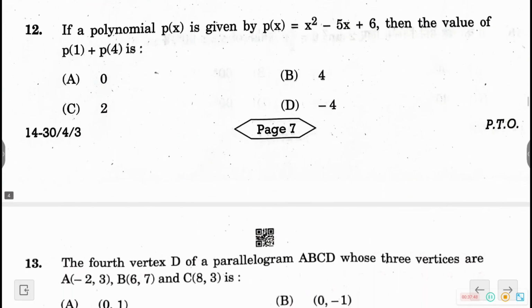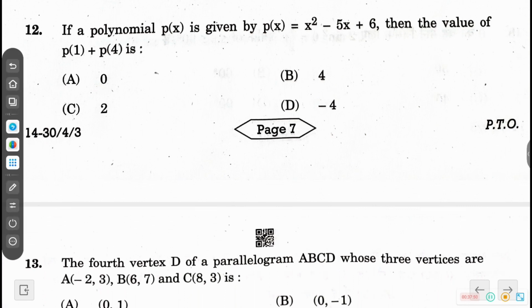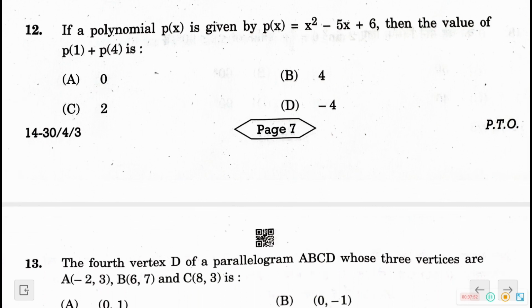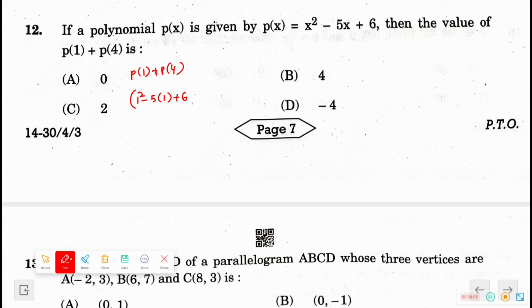Now question number 12. Question number 12 is polynomials. In polynomials, it is a very simple question. We have to find P(1) plus P(4). P(1) is 1² minus 5 into 1 plus 6, plus 4² minus 5 into 4 plus 6.